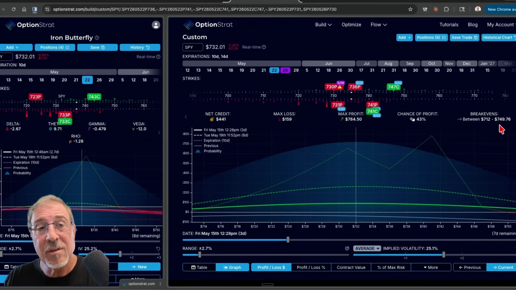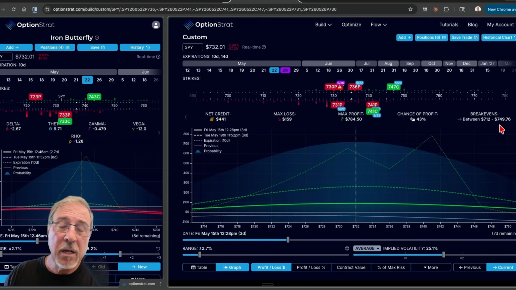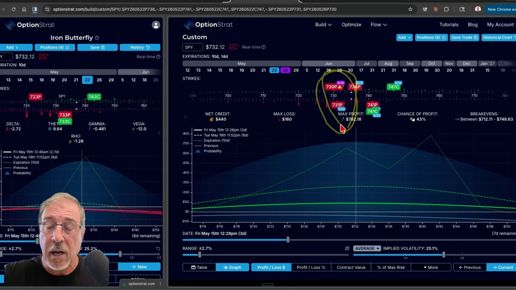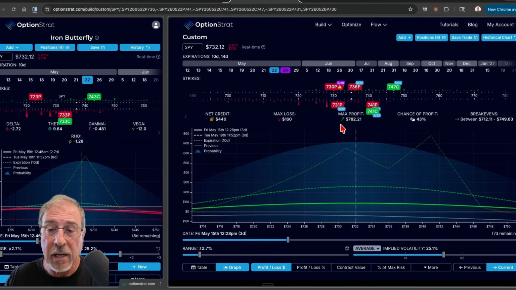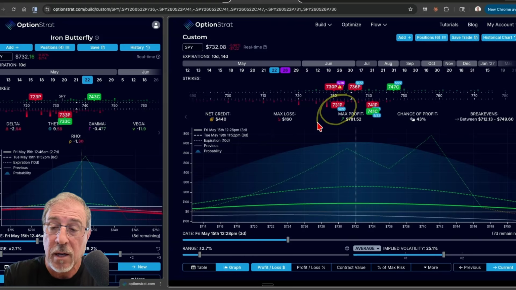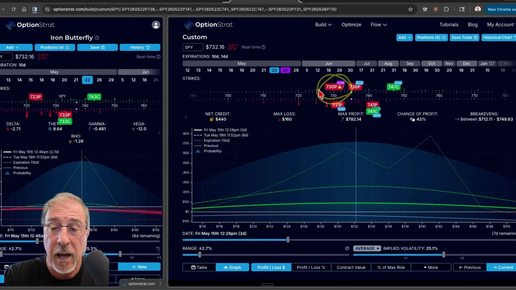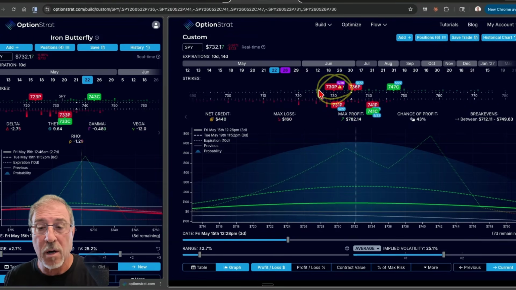So the break-evens expanded. Now I want to be clear, this does not happen every single time on a Flyagonal. Anytime you have a time spread, it is a very unique structure. And this is a time spread right here, this put diagonal. And exactly how that's going to react depends on how the shorter dated option spikes in volatility against the back dated option. Modeling software assumes they're both going to change the same.